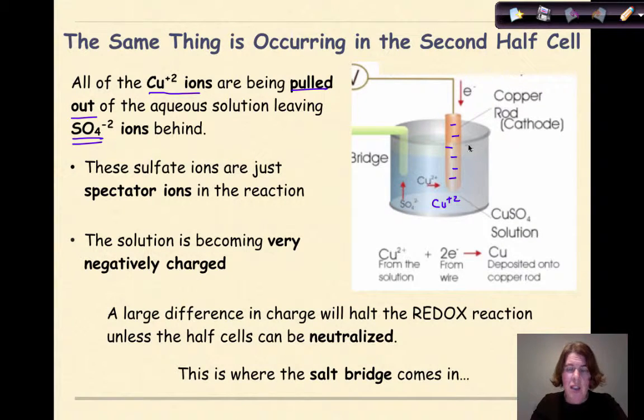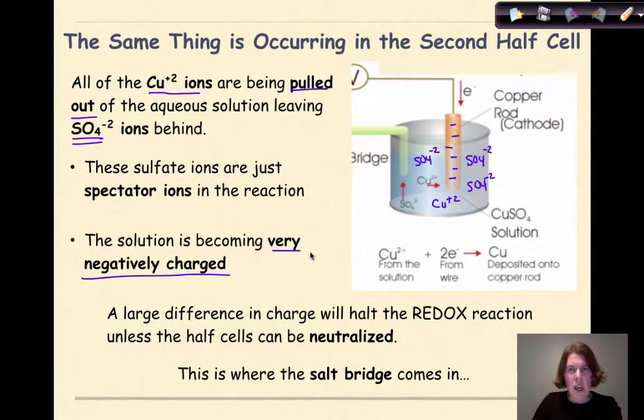So what's left in the half cell? Well, a whole bunch of sulfate ions, SO4-2, and there's nothing really to balance out the charge of these SO4-2 ions. So these sulfate ions are just spectator ions. The solution is becoming very negatively charged.